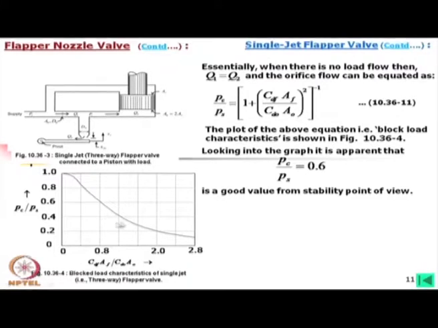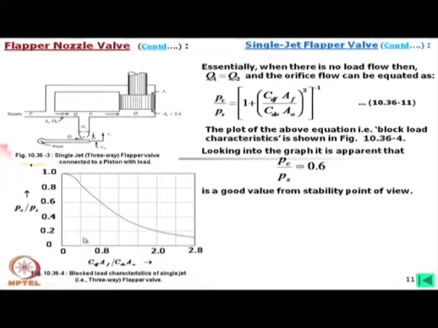This is because if we move in these directions, then definitely we will find that control pressure is much lower than the system pressure, and in those conditions we do not have much control over this load.